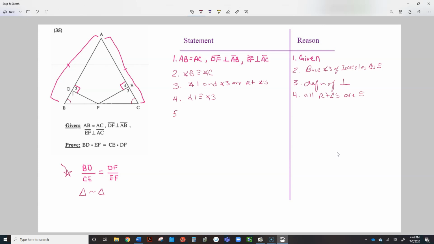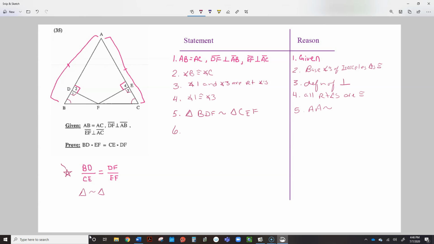So now I've got enough information, this is a right angle and this is a right angle, that I can say triangle BDF is similar to triangle CEF. And I know that by angle-angle similarity. Now, do you see how it's kind of leading me where I want to go?